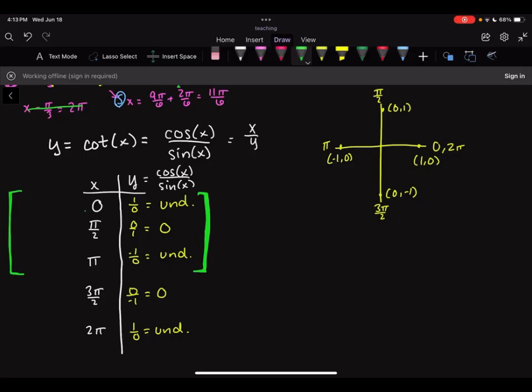So if I look between 0 and pi over 2, I can do 0 plus pi over 2 divided by 2, which is going to be pi over 4. And then between pi over 2 and pi, pi over 2 plus pi is going to be 3 pi over 2, so I get 3 pi over 4 here.